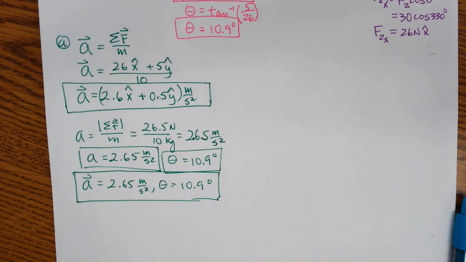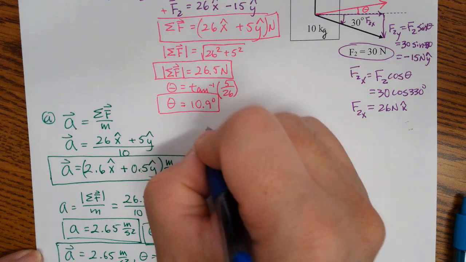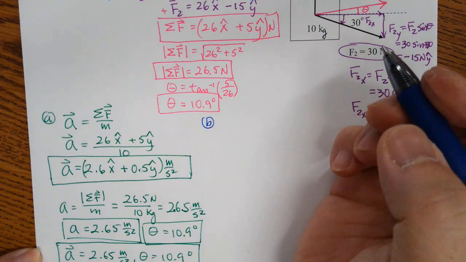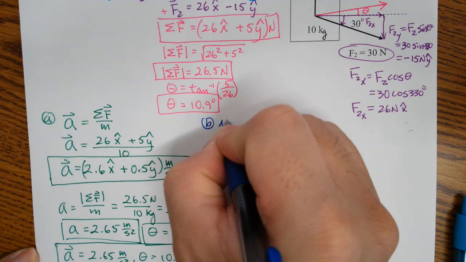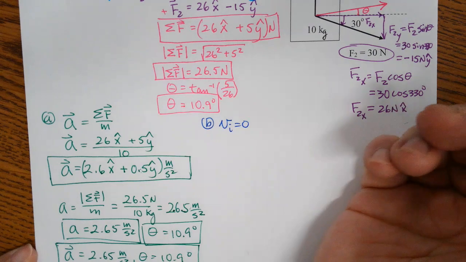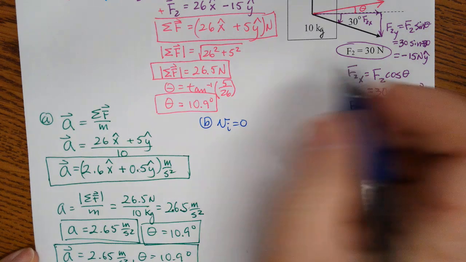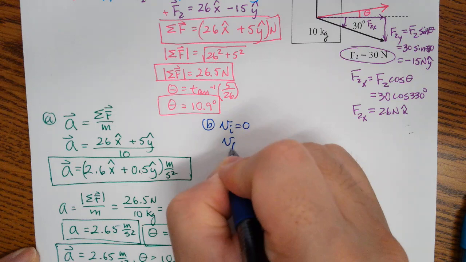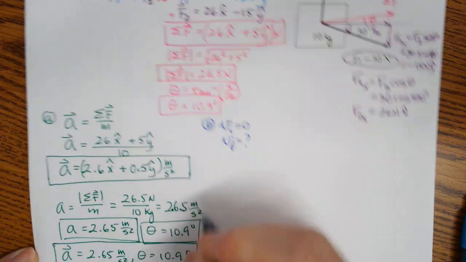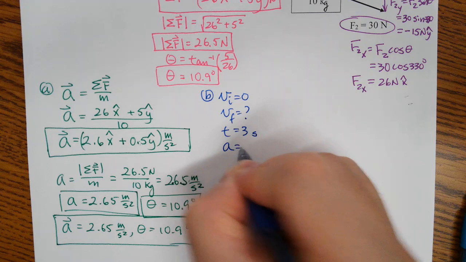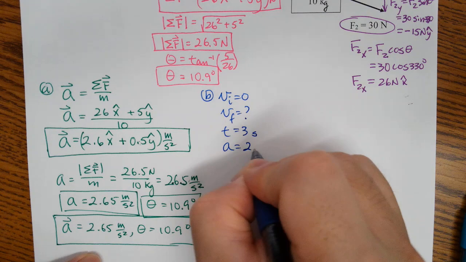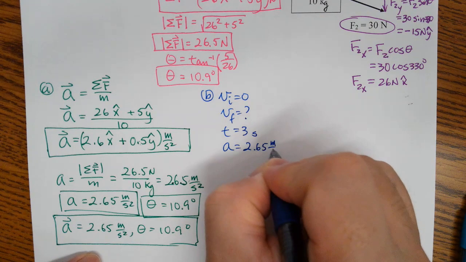All right, what about part B? Part B says, if the object is at rest at t equals 0, so initial velocity is 0, how fast is it moving? So they want to know how fast it is moving, Vf, when t is equal to 3 seconds. We just calculated the acceleration to be 2.65 meters per second squared.